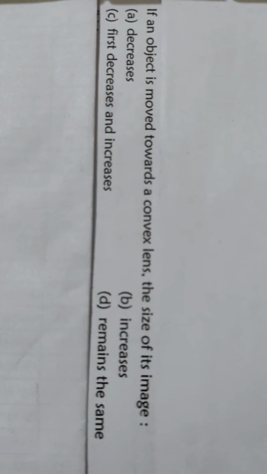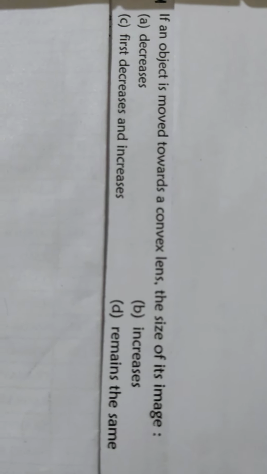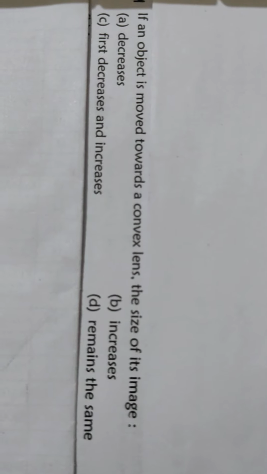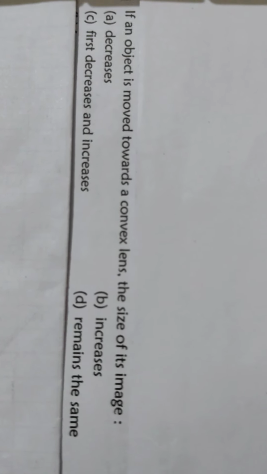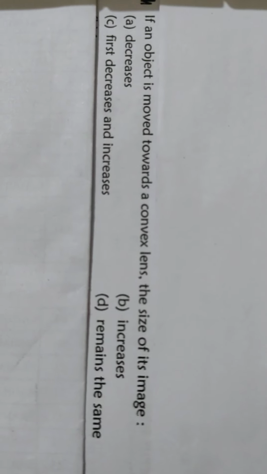It means when the object is brought closer, from highly diminished, the size becomes diminished, then same size, then enlarged. It means the size of the image increases. And out of these four options, B is the correct option. Remember, when the object is at focus, the image is highly enlarged.